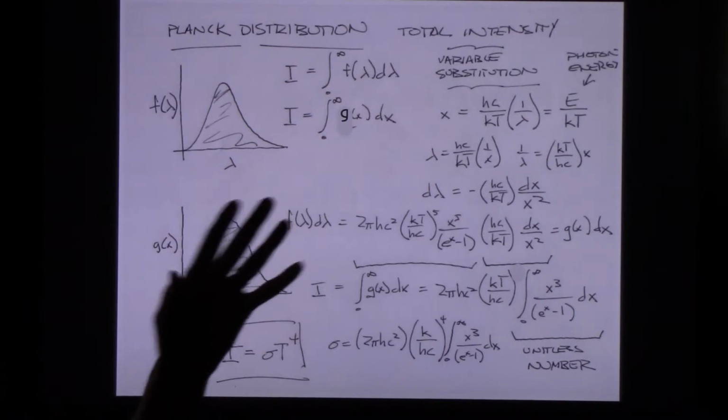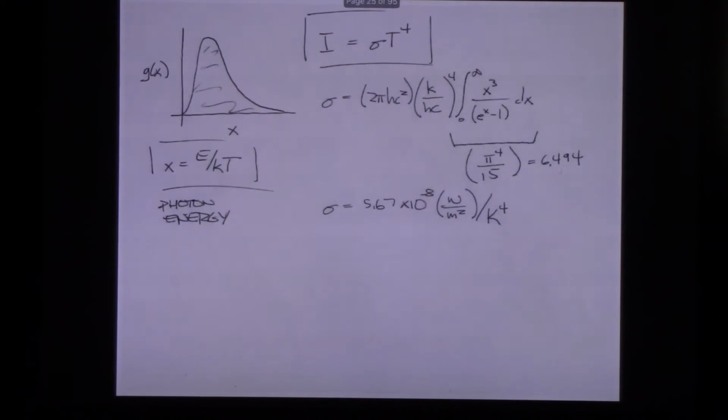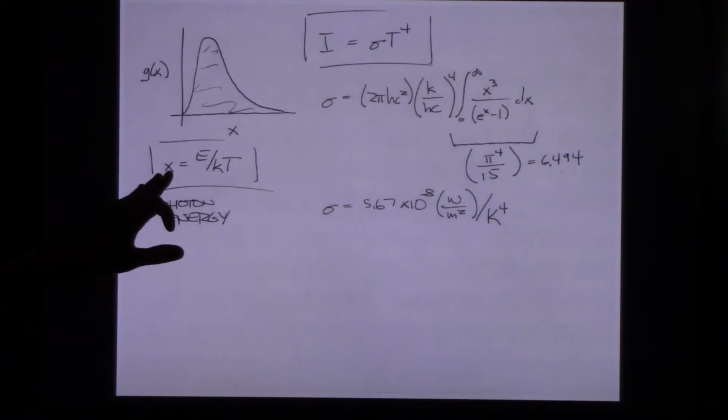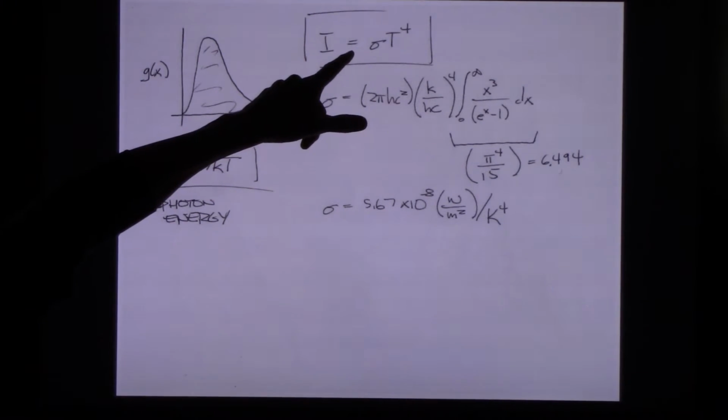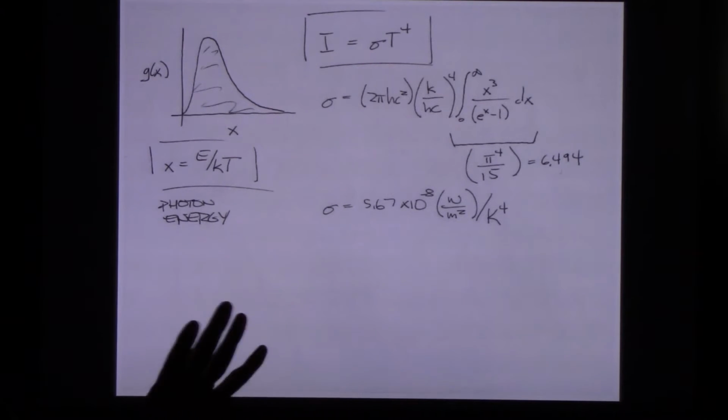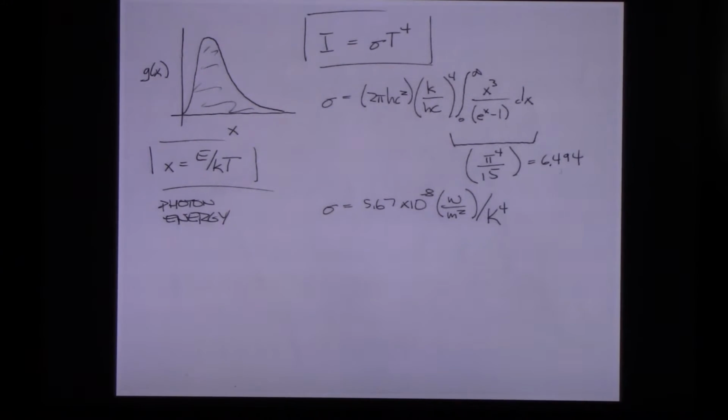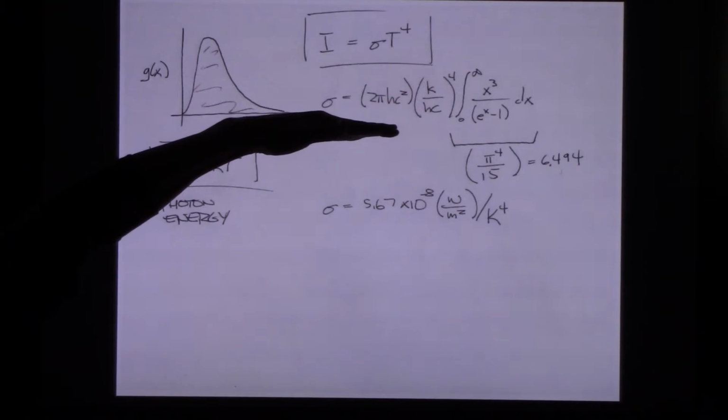The only thing we've left out is T to the fourth. Okay, so again, this is the distribution in terms of x, which is directly proportional to energy. The formula that we have for combined integrated intensity across all possible photon energies gave us this expression.